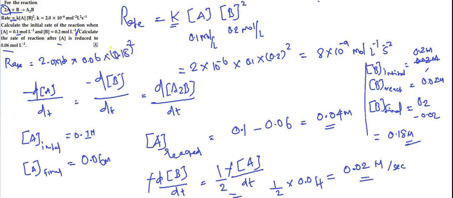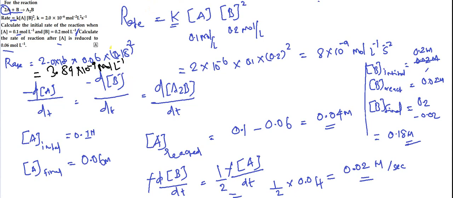Let us change the color to make the difference here. Okay, 0.18 square, right? So this can be written as 3.89 into 10 to the power of minus 9 mole per liter per second. So this is the final answer.